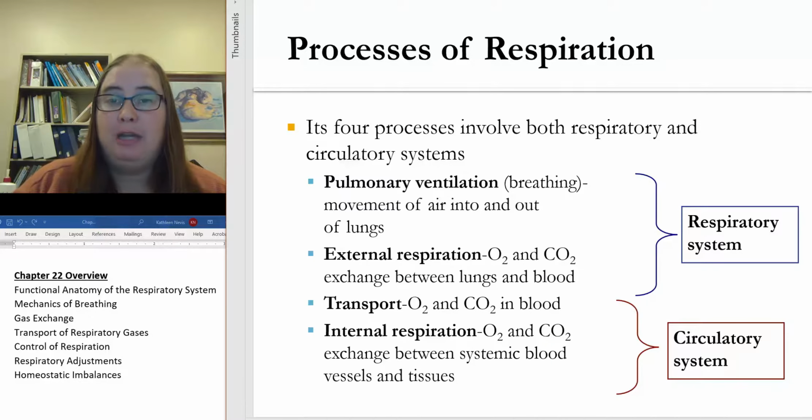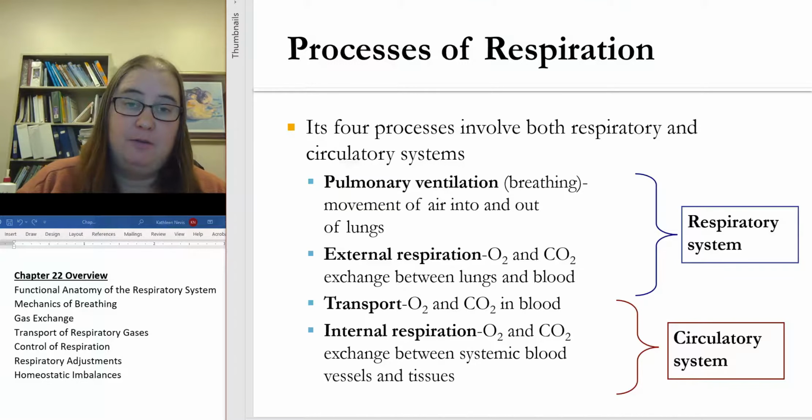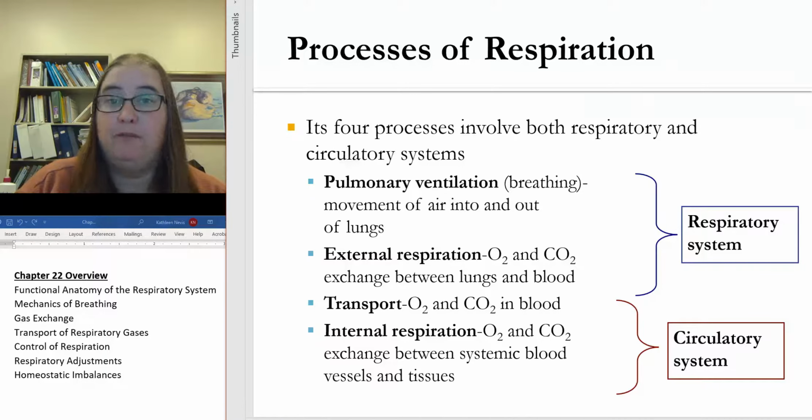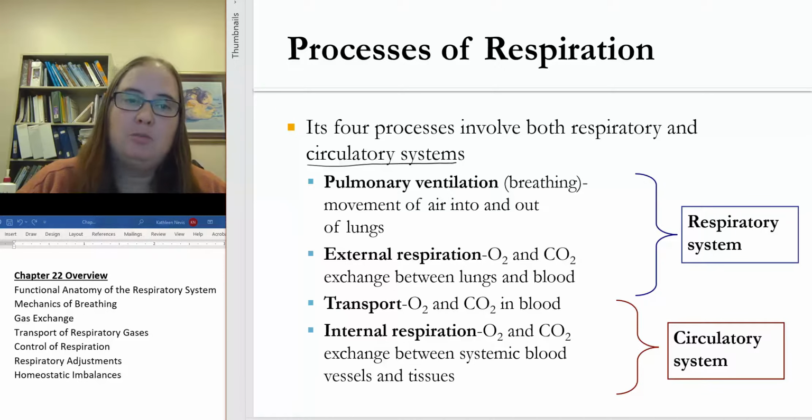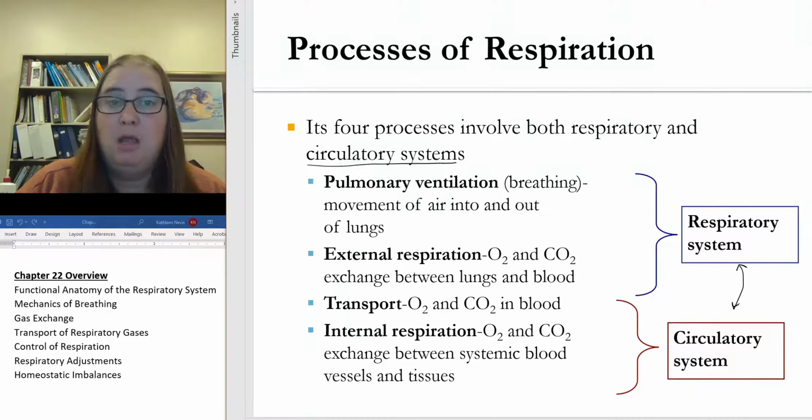When we look at the processes of respiration, it's actually broken down into kind of 4 processes, and we've talked about some of these already because we've talked about our cardiovascular system or the circulatory system. So there's a really nice relationship between the respiratory system and the circulatory system when it comes to these processes of respiration.